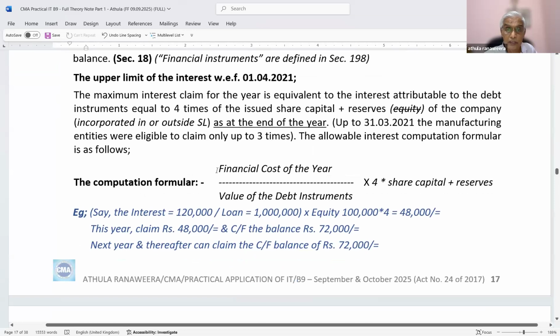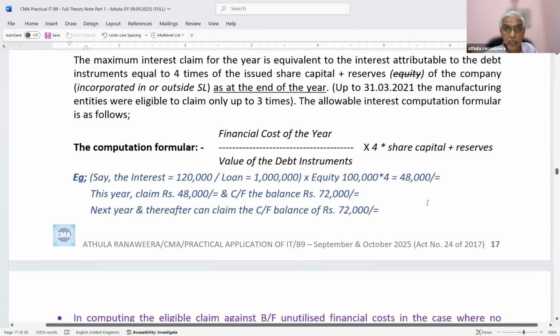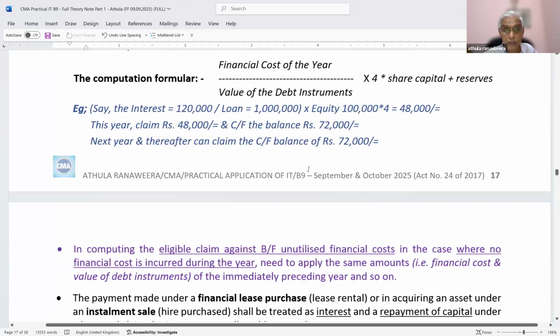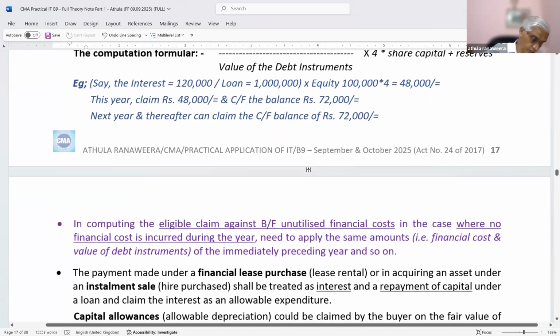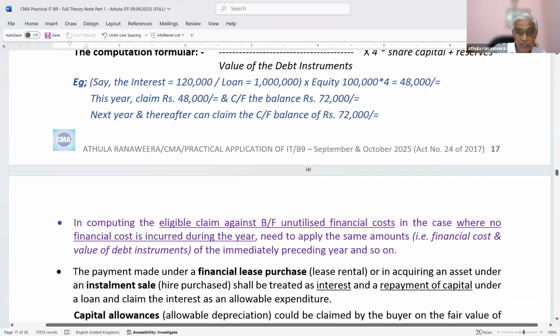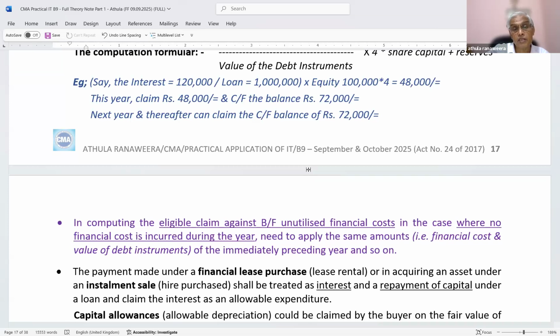The calculation formula they have given: financial cost of the year divided by value of the debt instruments, multiplied by 4 times of share capital and reserve. Any excess amount which we couldn't claim, you can carry forward and claim in subsequent years. When claiming in subsequent years, if there's no interest, you have to apply the previous year basis and take that same figure.